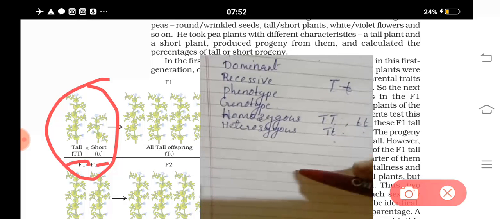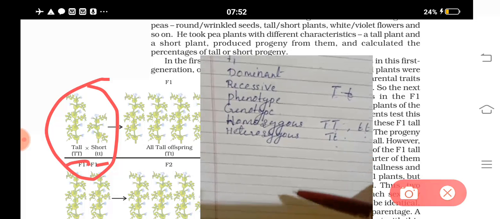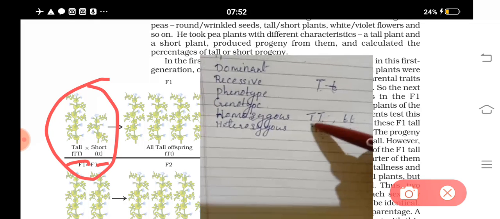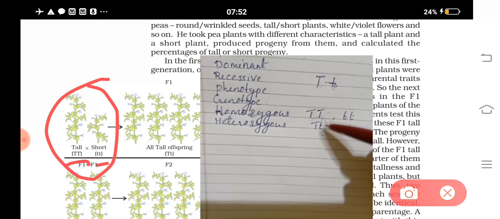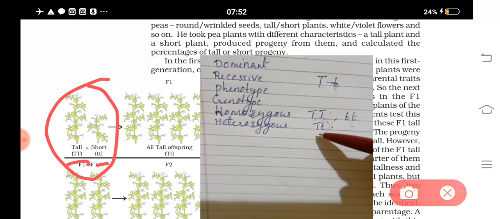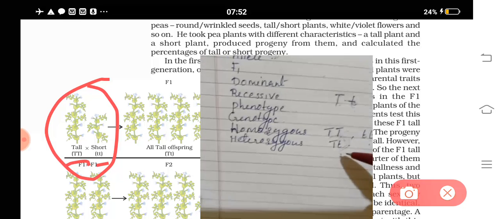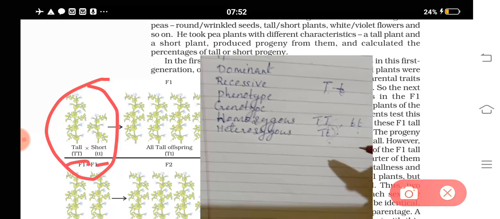This is known as the heterozygous condition. Now, in the heterozygous condition, capital T is controlling the character tallness, and small t is the allele which is responsible for the plant to be short.